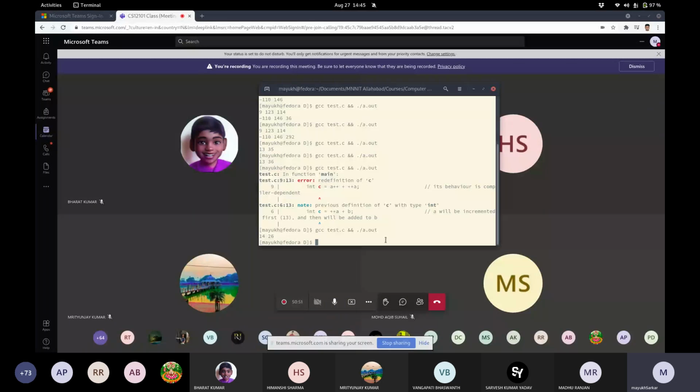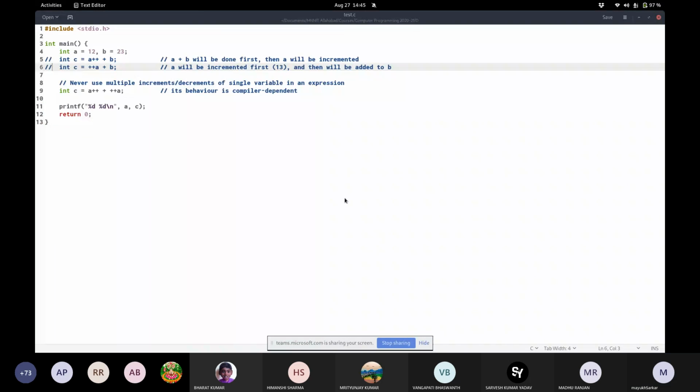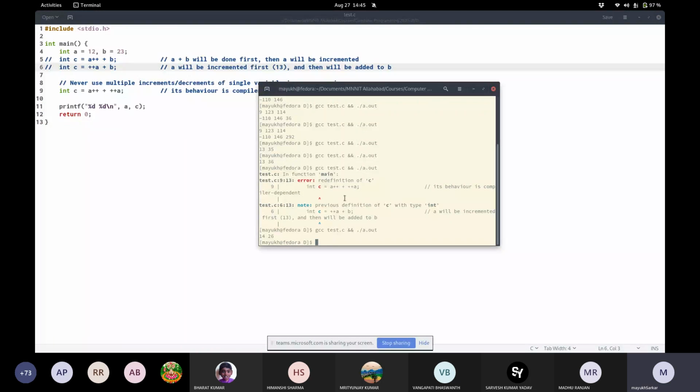So what happened here is that it gave you 26, as you can see. But why? Because in this case, what the compiler did is first this plus plus a got into action.